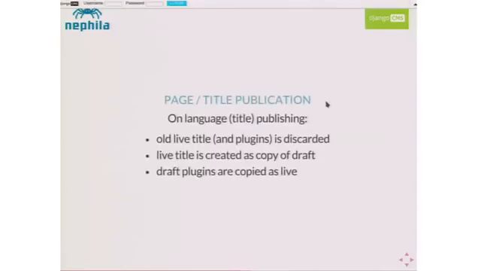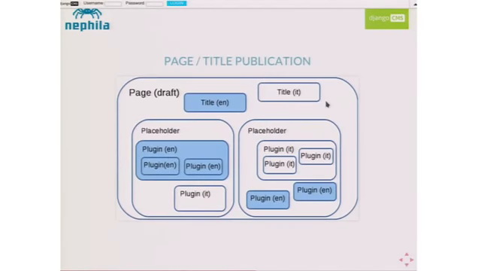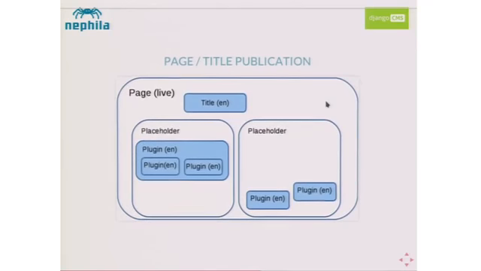So when you want to publish a page, what you do is discard the old title and plugins and copy the title and the plugins from the draft version to the live one. So what it does is select these blue objects and copy them into a new page.